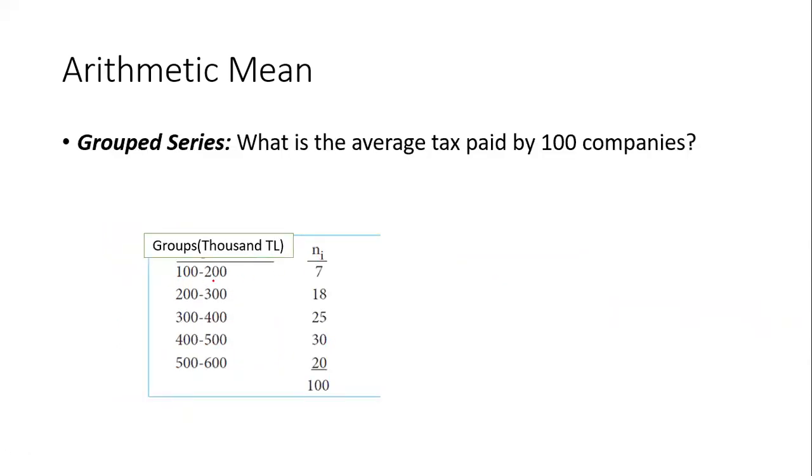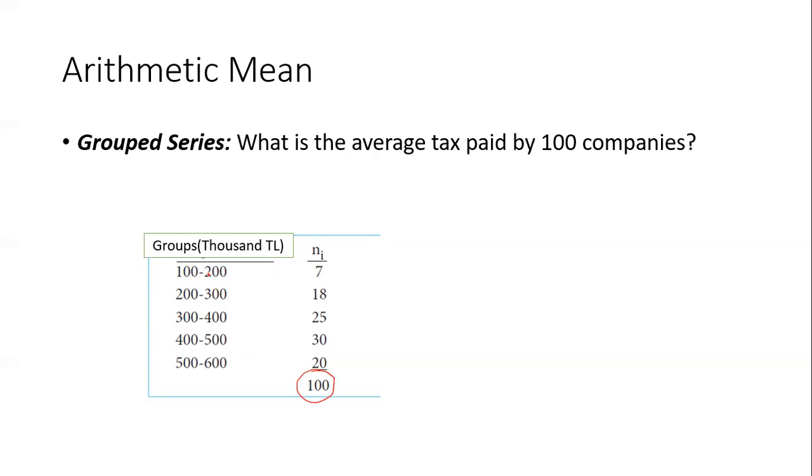So this is the group series, okay? So, how can we find the average of a group series? Here the thing is that there are seven data. We select 100 companies, and these are the amount of taxes paid by the companies, okay?